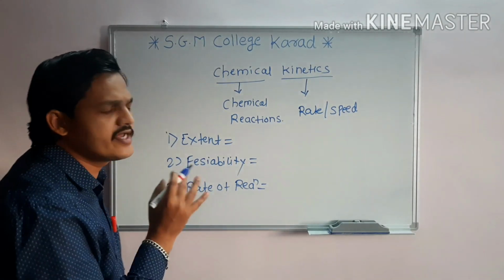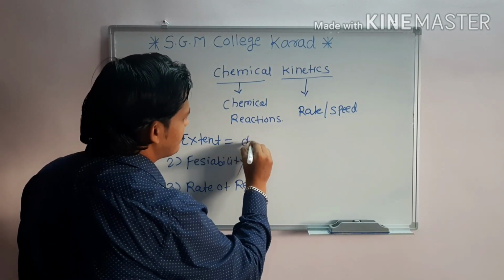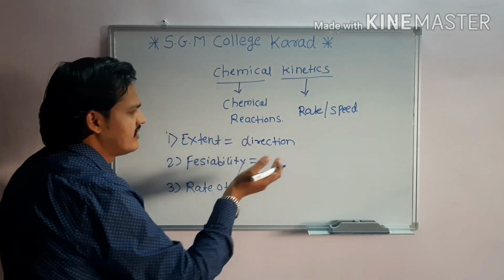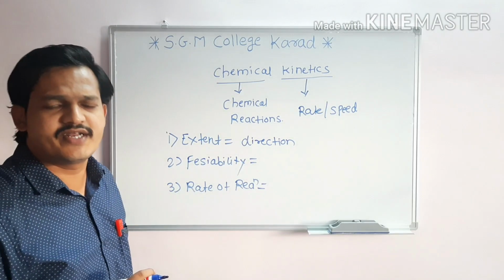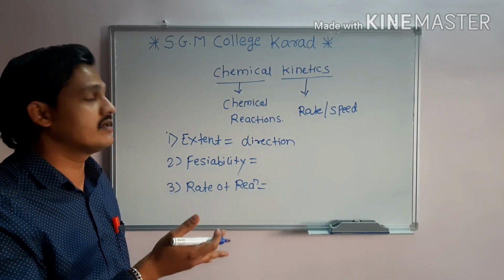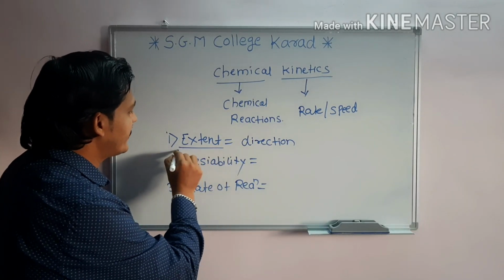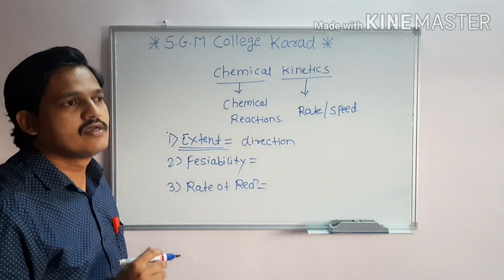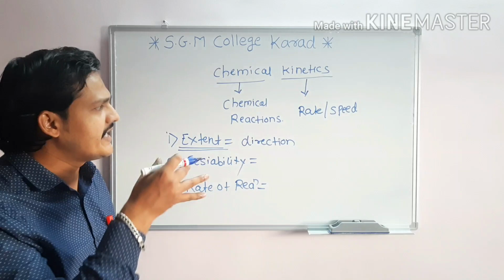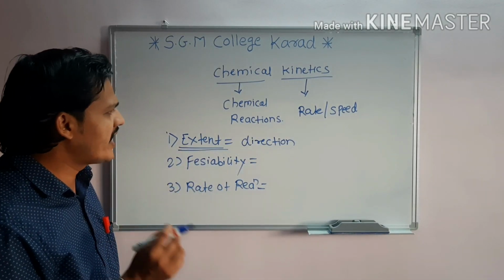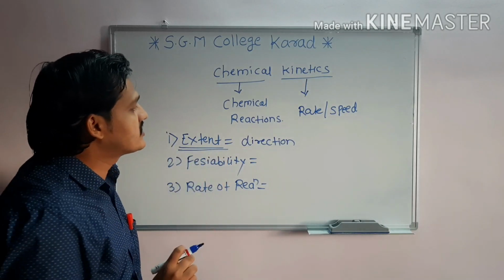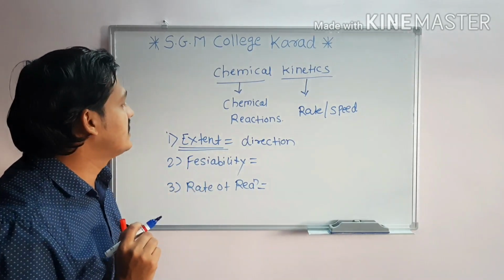The word extent represents direction. When the reaction takes place in a specific direction, it is called extent of reaction. You studied this in detail in 11th standard, so I am just taking the short form. The word extent of reaction means direction of reaction.